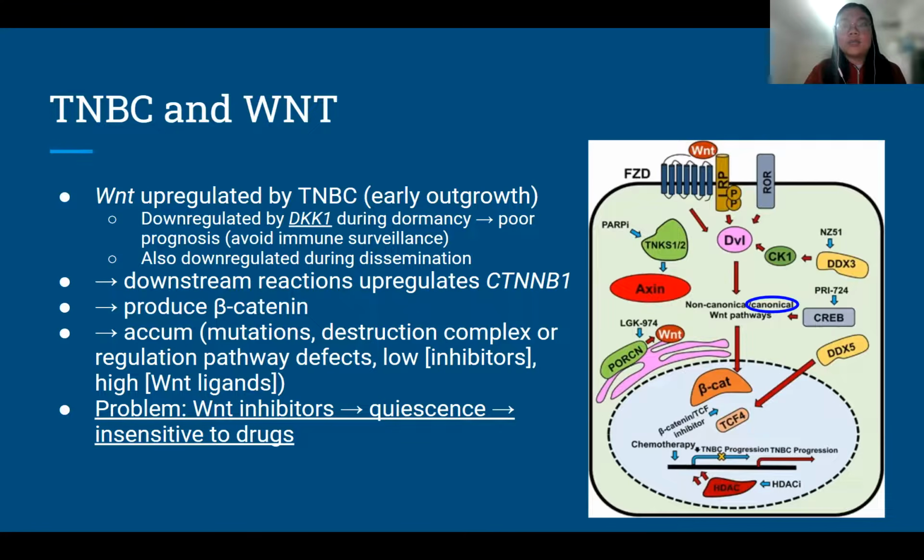This insensitivity means that you need to use more drugs, and you also need to continue to administer these Wnt inhibitors to the patients, so that the cancer cells, being practically immortal because you can't kill them with the drugs, will be kept at a quiescence level and the tumor will not proliferate.